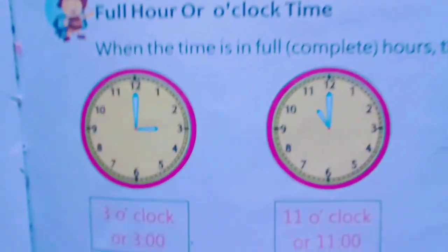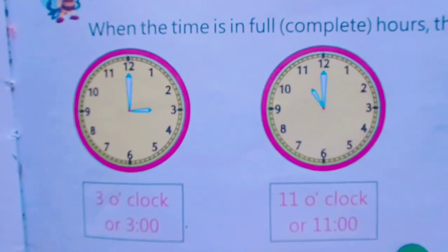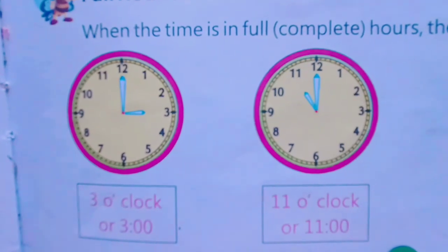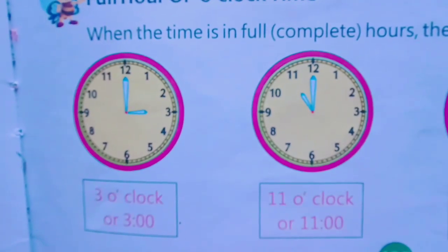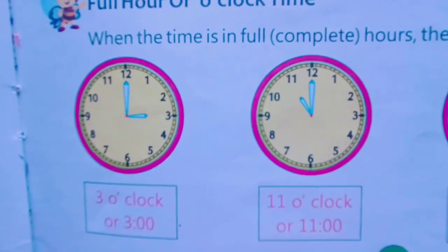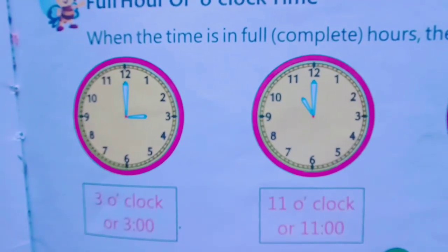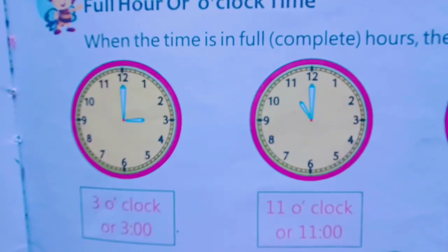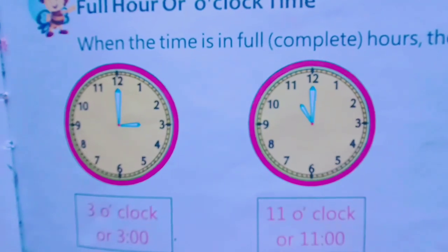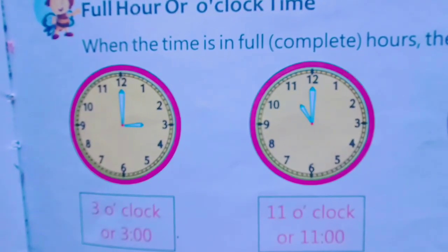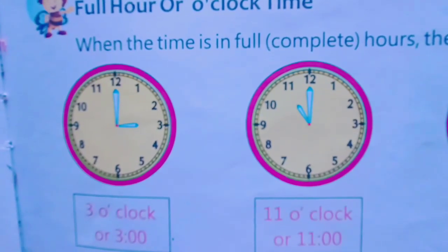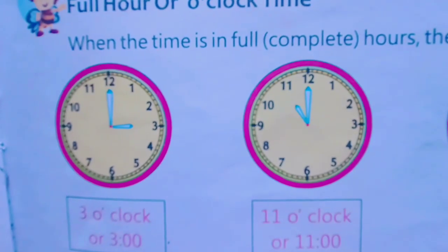In the first picture, the minute hand is on 12 and the hour hand is on 3, meaning the long hand is on 12 and the short hand is on 3. So what is the time? 3 o'clock. It is read as 3 o'clock or 3:00.